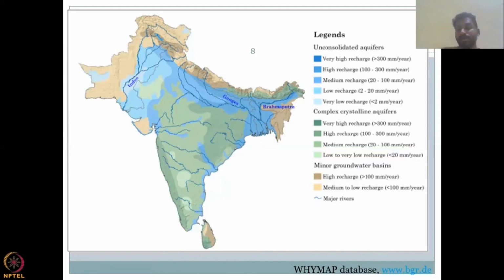So we've discussed aquifers, we've discussed the Indian aquifers and how they are delineated based on the geology. And then after the geology, we looked at how it is based on the ground potential to store the water, which is your porosity as a function of your geology.